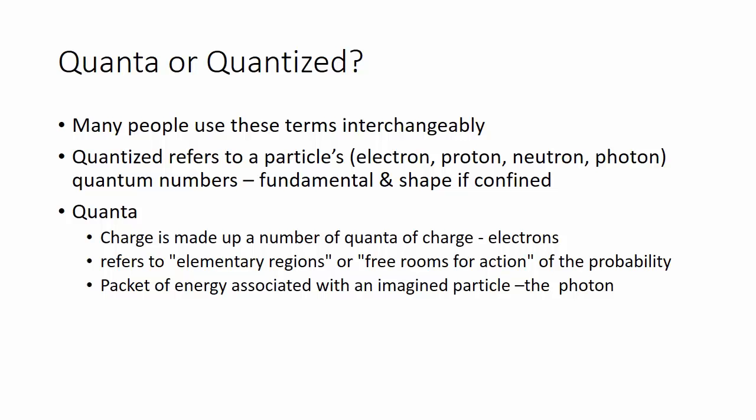But within those quantum numbers, it takes a little while to understand that there are really two types of quantum numbers associated with a particle. One is the fundamental quantum number, which is associated with how that actual particle is made. I'm going to use the word topology, which means the surface or shape. Another way of thinking of topology is sort of like a knot.